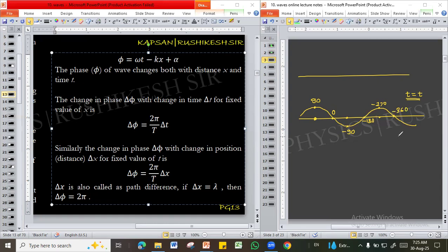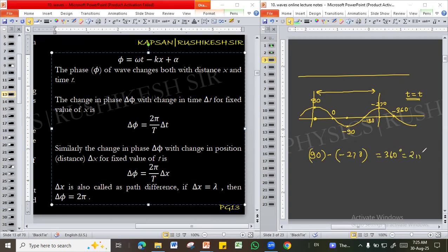Okay. So what is change in phase? Can I say change in phase? You can check from 90 to minus 270. What is change in phase here? Here the phase was 90 and here the phase is minus 270. Do the subtraction. The answer will be what? 360.